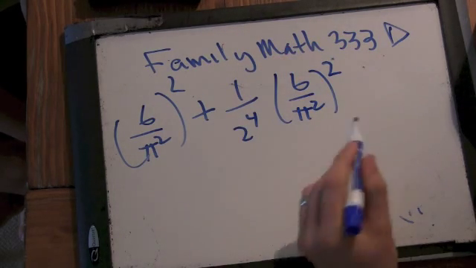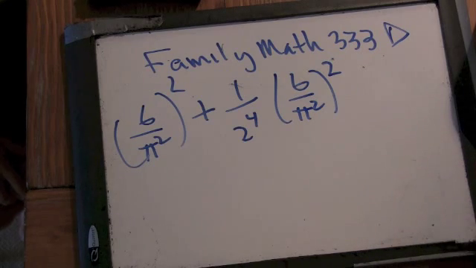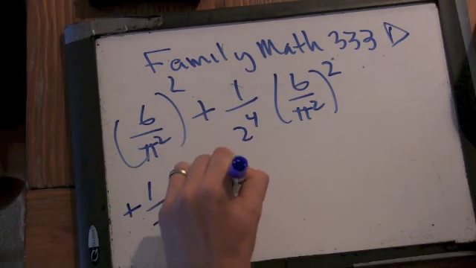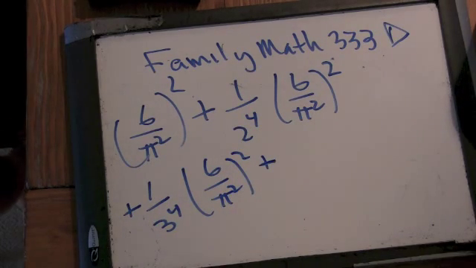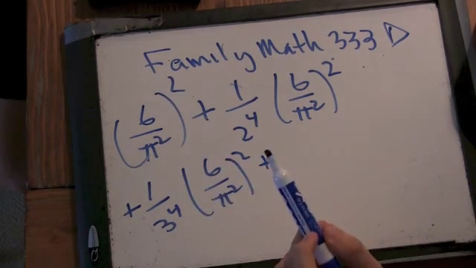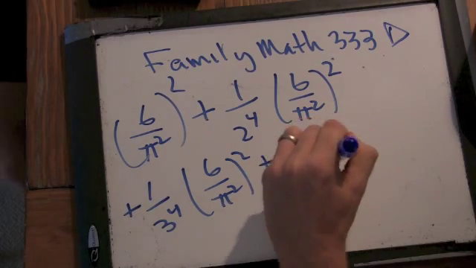What do you think it's going to be when the greatest common divisor is 3? Maybe 1 over 3 to the 4th times 6 over pi squared. How about when they're both equal to 4? Maybe 1 over 2 to the 8th, or another way to say it, 1 over 4 to the 4th, times 6 over pi squared.